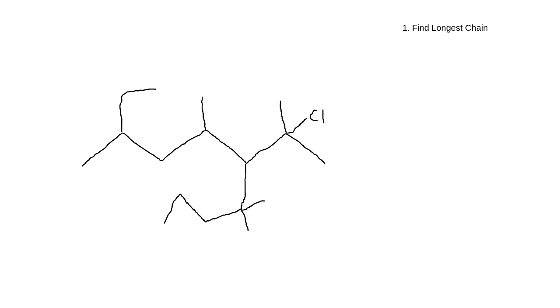What I mean by that is sometimes you might find the longest chain, but depending on the numbers of your substituents, your chain could be either reading left to right or right to left. Basically, it could be in reverse direction, and I'll explain what I mean. So let's go ahead and do number 1 first, and we'll continue.